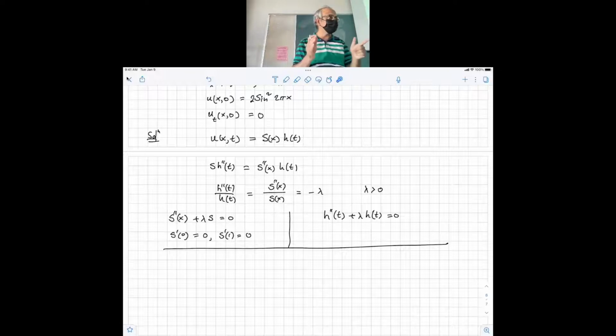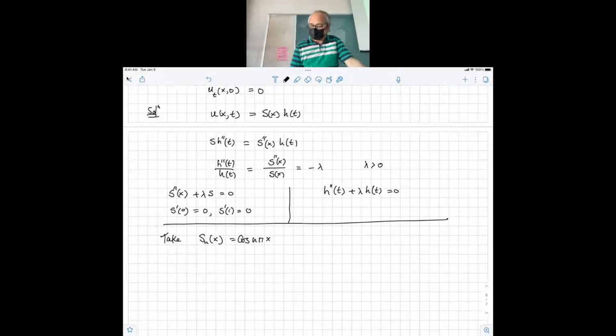The derivative of cos will vanish at x equal to 0 and x equals 1. My eigenfunctions will be cos n pi x, which is due to the boundary condition. And then we can construct a solution.